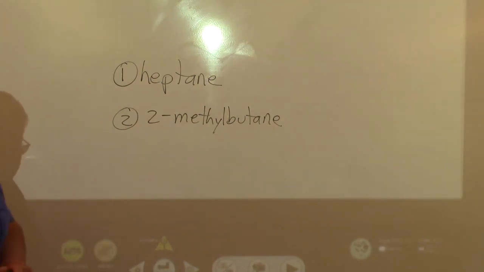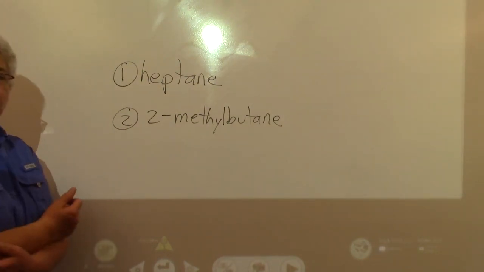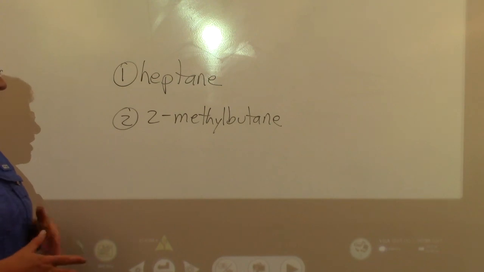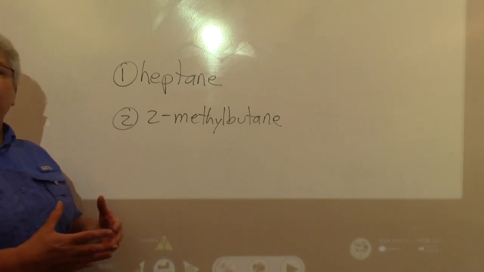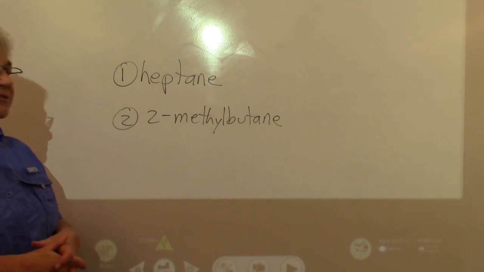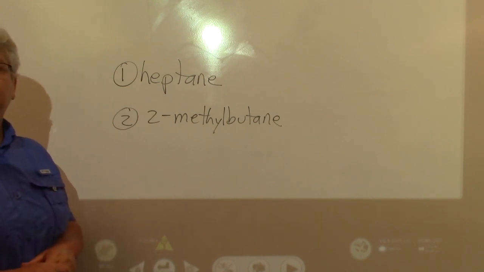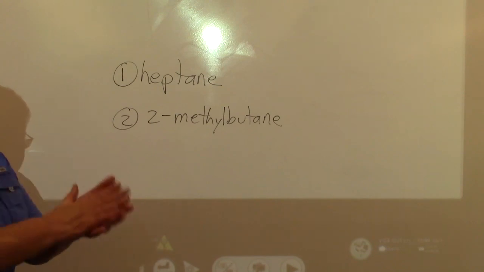So stop the video here, draw those 2 molecules, figure out if there's a plane of symmetry, figure out how many different carbons are present in those molecules, and then write that answer down. Pause.